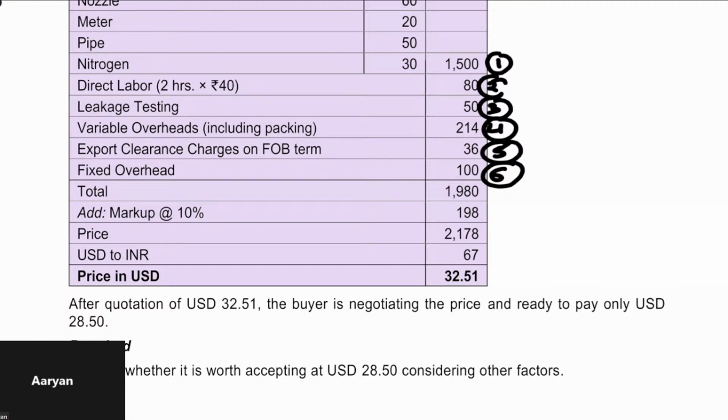So basically, we are taking the normal assumption. Why are we talking about the normal assumption? Because nowhere in the question have we been given additional information regarding the material, labor, testing, or any other cost. So we have to take a natural assumption regarding the material, labor, testing, and variable overhead.